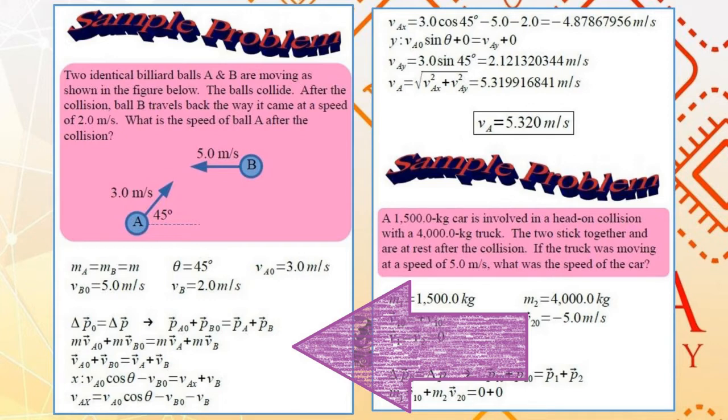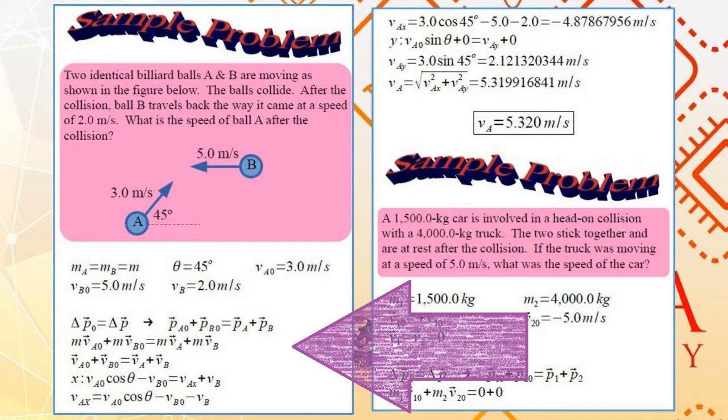So, going into the x component, VA initial cosine theta, positive direction, is the x component of VA initial. B is initially heading in the negative x direction, so minus VB initial. In the final case, we don't know the final velocity of A, so we just use VAX. And B is heading towards the positive x direction, the way it came from.